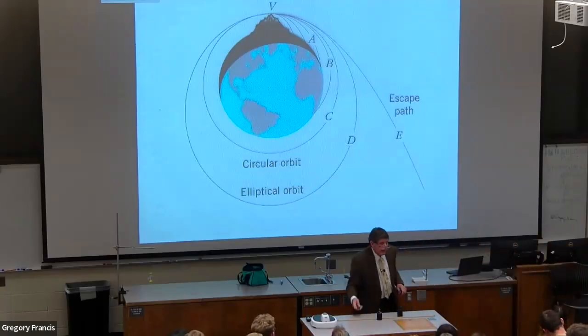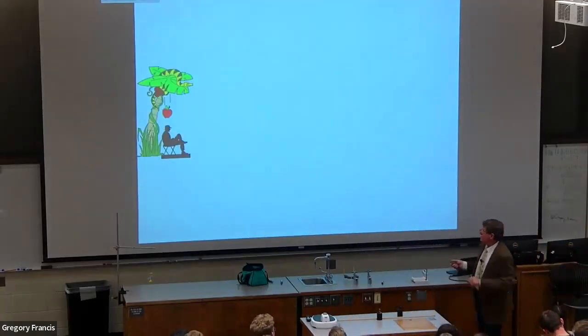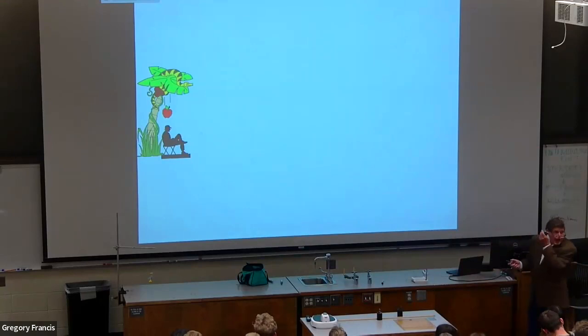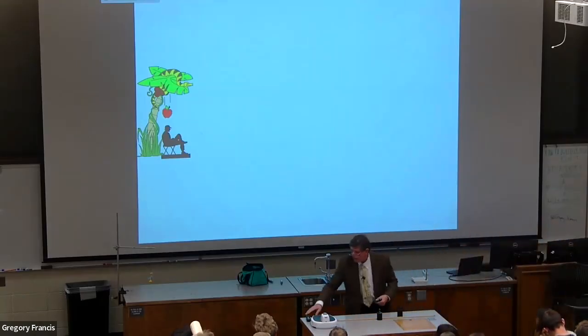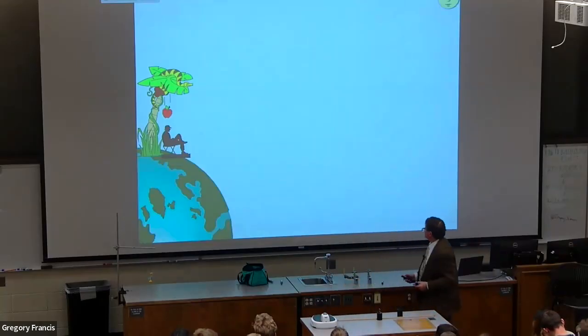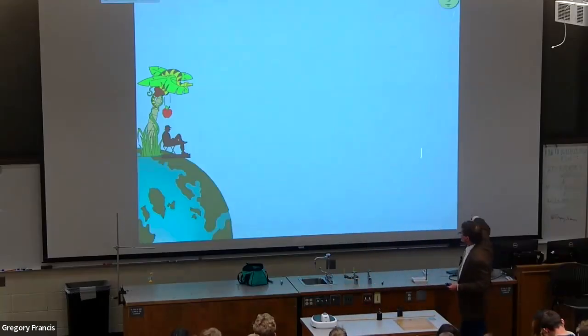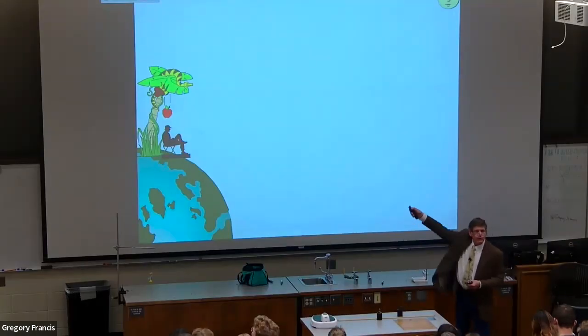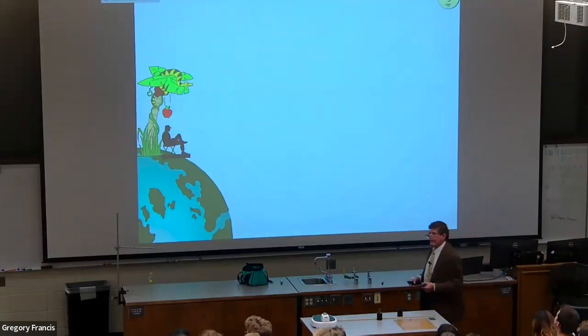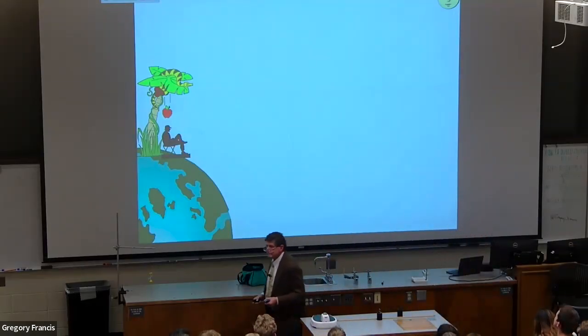Now, we hear this story about the apple falling on Newton's head, and then suddenly, aha, gravity. That's not the whole story. Newton recognized that the falling apple was no different than the moon falling around the earth and kept on missing it, that they both were falling.